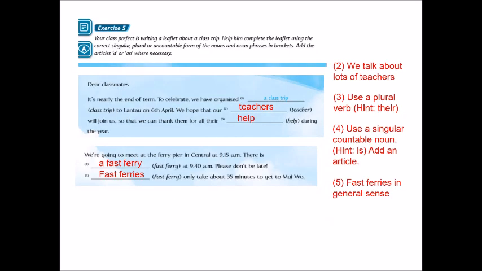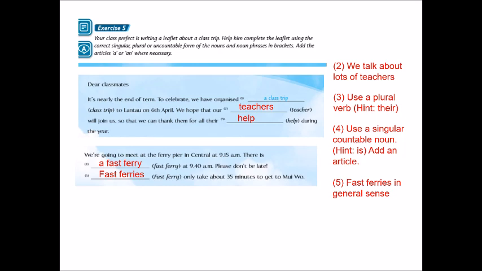Exercise 5. Fill out the spaces with the correct singular, plural, or uncountable form of the nouns. Add the articles a and an where necessary. For illustration, I'm showing you answers for questions 2 to 5. In question 2, the writer is talking about lots of teachers. So the answer is teachers.